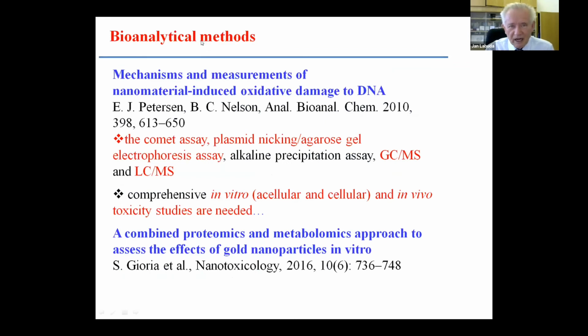Bioanalytical methods, where I am active, try to evaluate damage to some biopolymers, biomolecules, mostly to deoxyribonucleic acid, using various bioanalytical approaches, comet assay, gel electrophoresis, but also combined methods, gas chromatography-mass spectrometry, liquid chromatography-mass spectrometry.